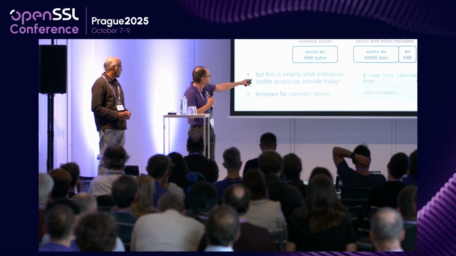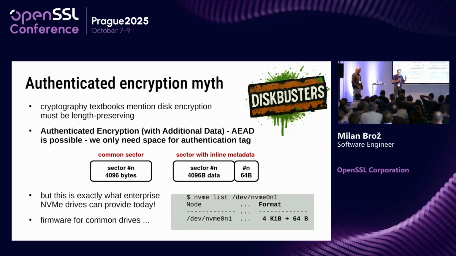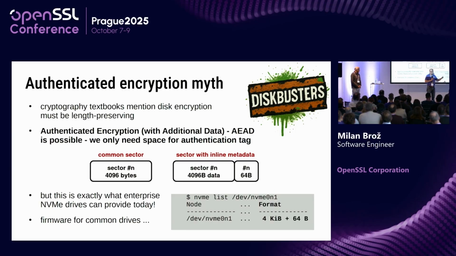Yeah. Okay, so the problem is that if you have a drive, you have sectors. A sector is usually an atomic unit, 512 bytes or 4 kilobytes. With today's flash storage, you have flash chips, so you are actually not limited by any fixed size. You can reformat it internally. You will have 4 kilobytes for the data, but also 64 bytes of additional metadata space provided for an application. You reformat the drive with NVMe.